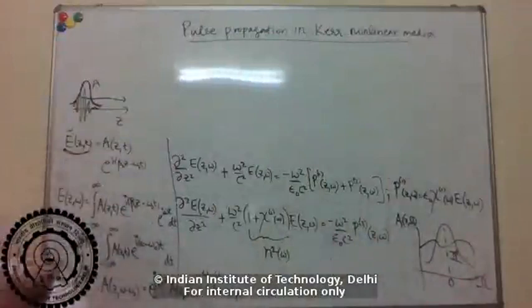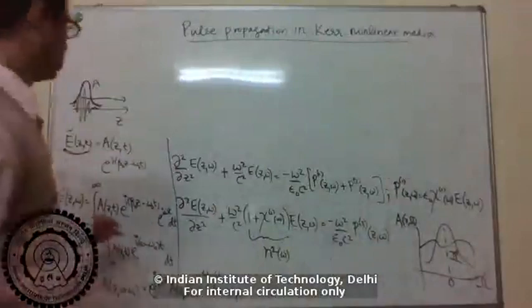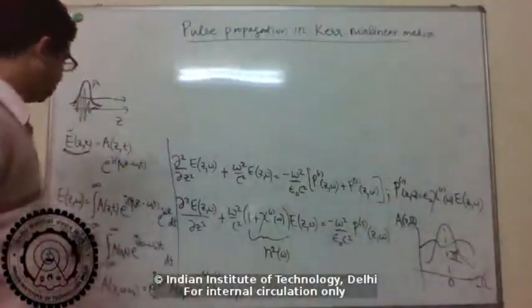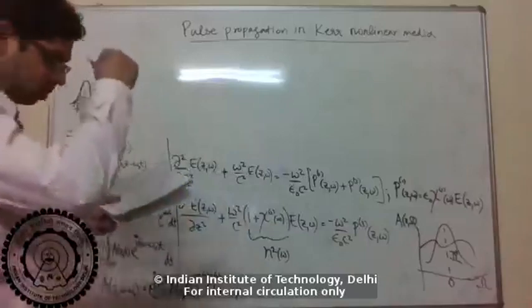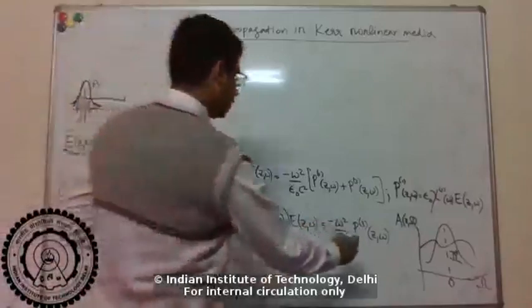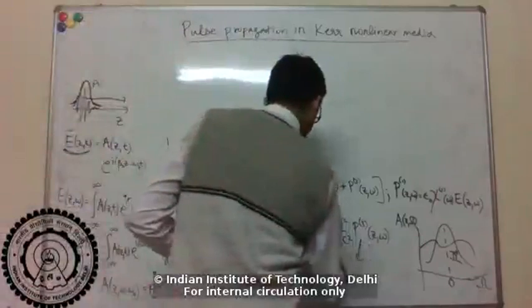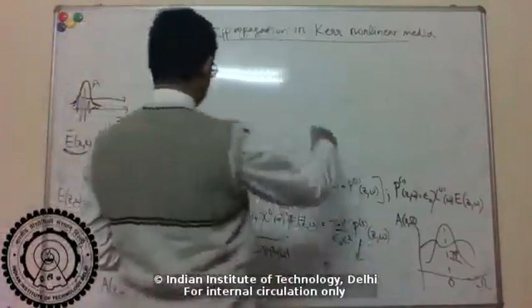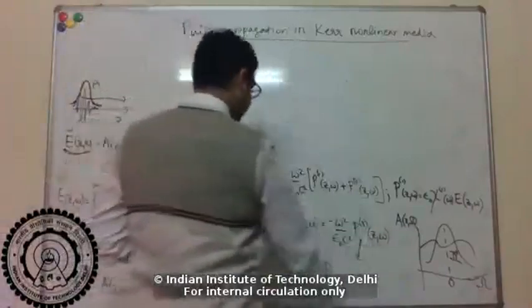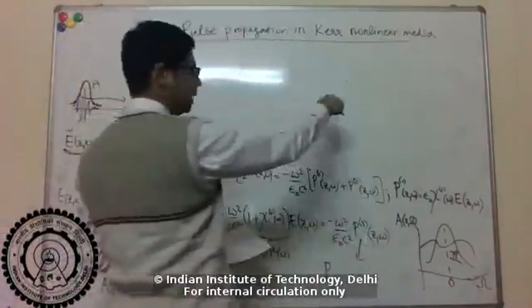Similarly, for the polarization also, we can write an envelope and a slowly varying part. For example, even this P3. In the time dependent equation, we had P of t.